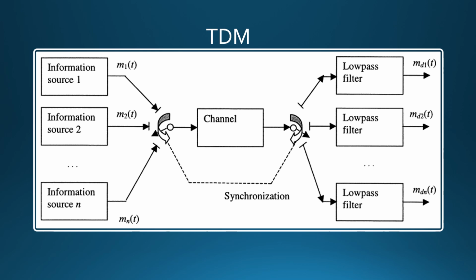Its working is like this: multiple data streams are combined into a single signal by allowing them a unique time slot. The signal is transmitted over a single channel. At the receiving end, the signal is separated back into the original data streams based on their assigned time slot.